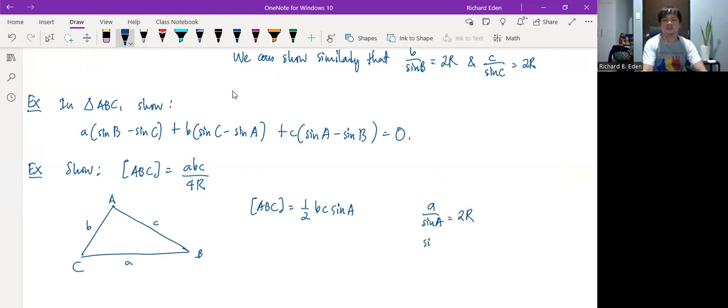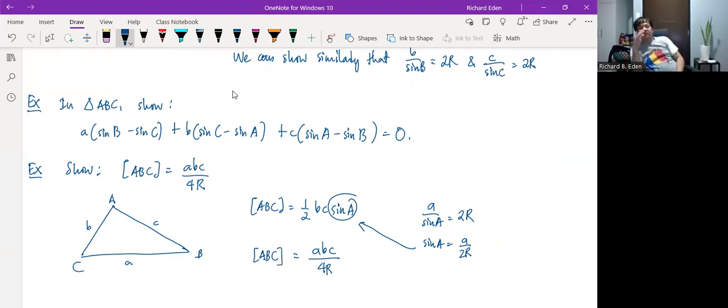So sine of A is equal to a over twice the circumradius. If we make that replacement here, we now have bc multiplied by a, over twice 2R, so 4 times the circumradius: abc over 4R. So this is a formula for the area of a triangle involving the circumradius.